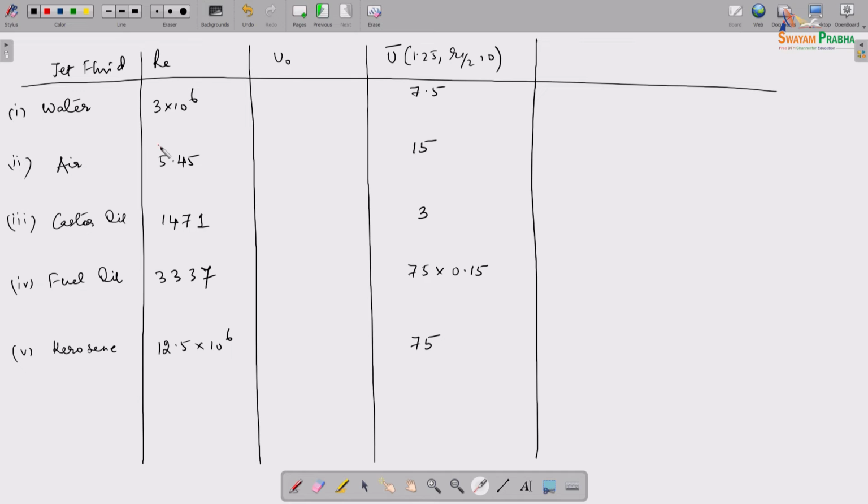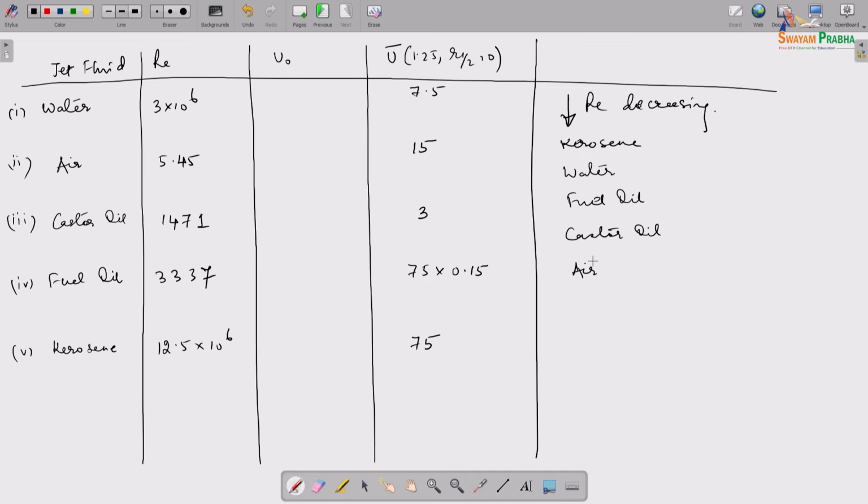So what I can see is that the Reynolds number is decreasing as I go along. Reynolds number decreasing: first we have kerosene, then we have water, then fuel oil, then castor oil, and finally air.